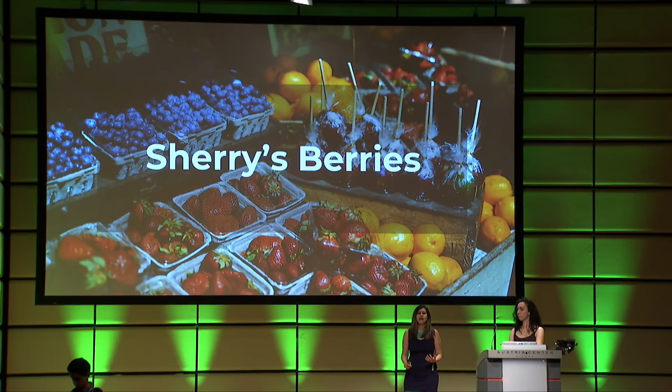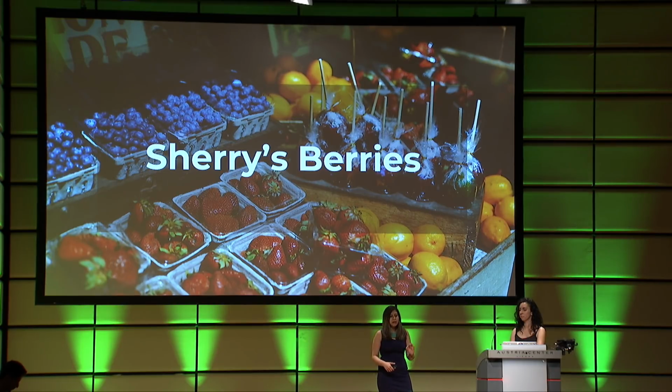You can see that I already have a reusable solution, and my solution is also scalable. And if there is something wrong with my blueberries one day, I can easily fix it in that section without touching raspberries or any strawberries. So you can see that my solution is also reliable and maintainable. So you can say that at Sherry's Berries, we are taking the separation of concerns seriously.